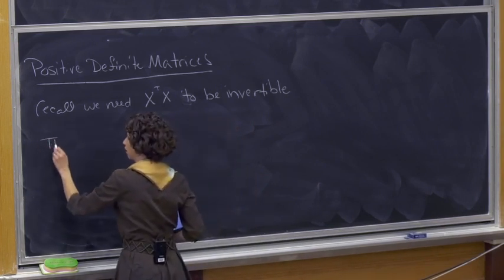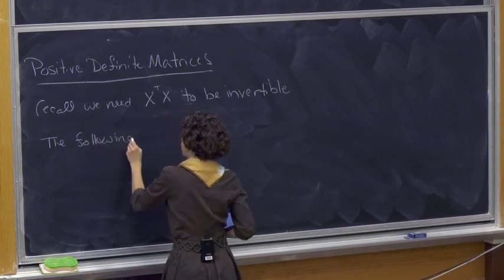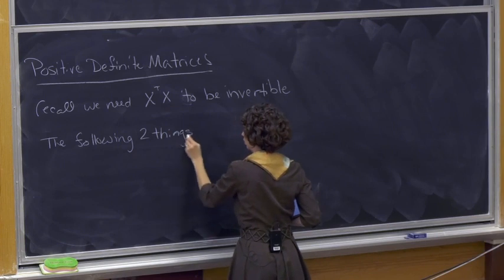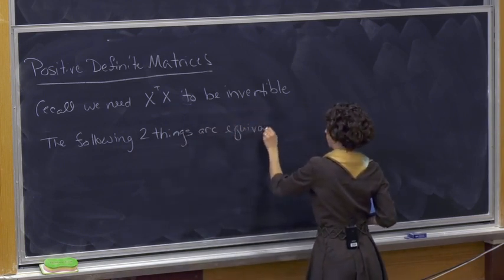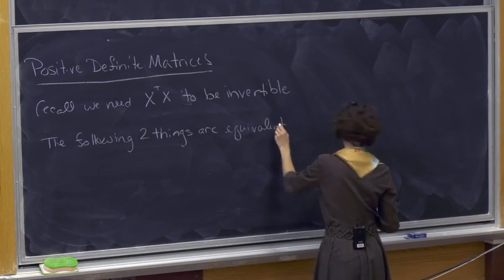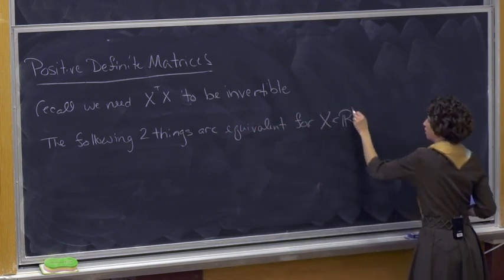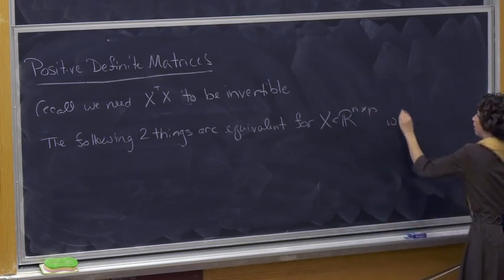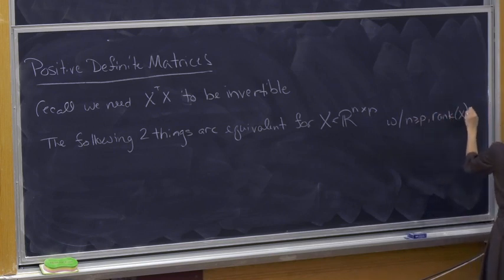Okay, so the following two things are equivalent, for a matrix X that has n rows and p columns, where n is greater than or equal to p and the rank of X is equal to p.